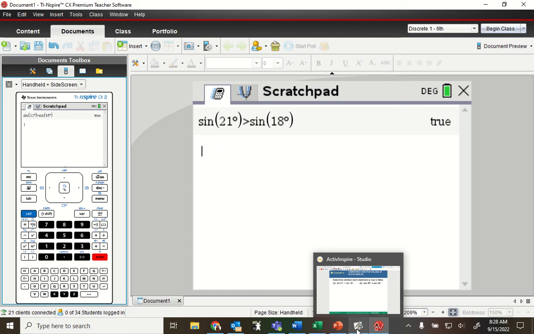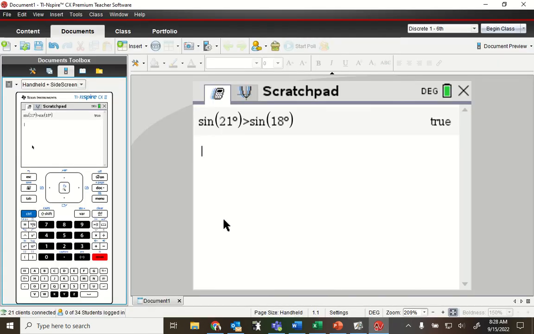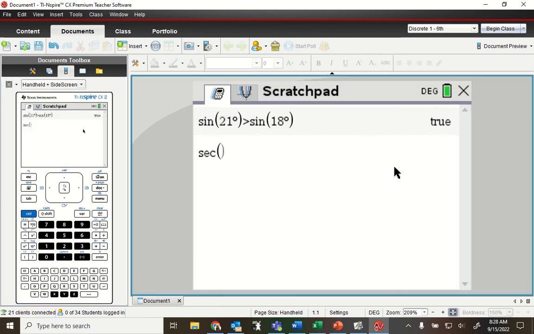So when I tell you over and over again, work while you're in here because you have access to these calculators. That's important. Now let's look at the next one. It says secant 56 is less than or equal to secant 49. These calculators, unlike the other calculator, the Wabbit one, actually have a secant, so you don't have to do anything crazy on it. I'll show you.